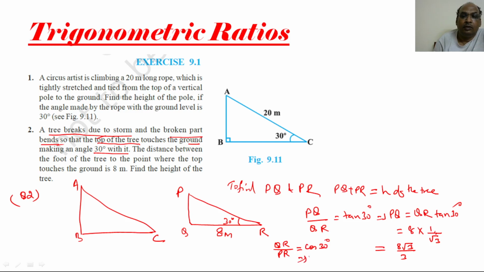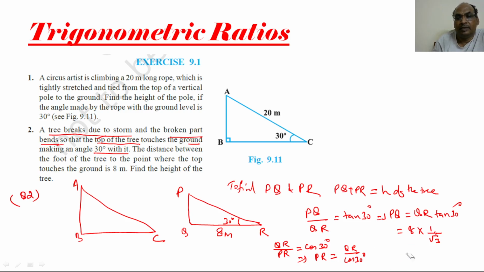PR we do not know, so we need to find it actually. So PR is equal to QR by cos 30 degree.